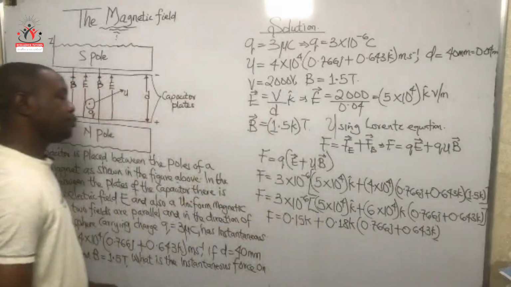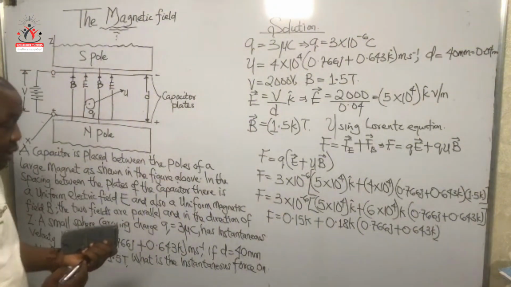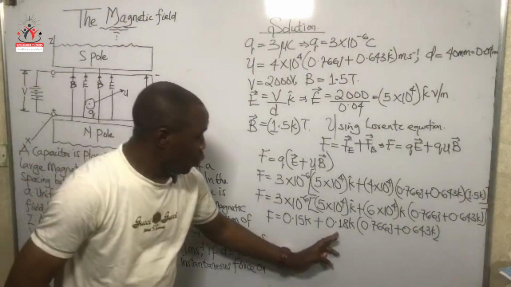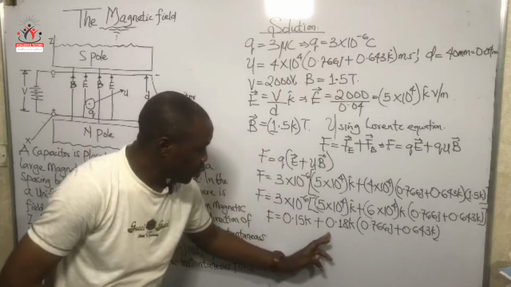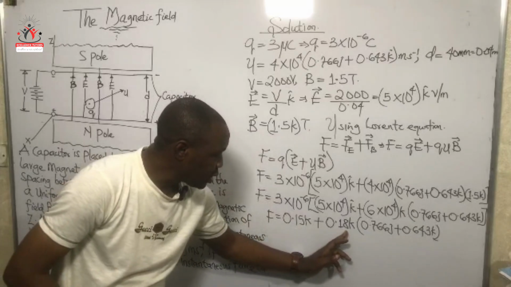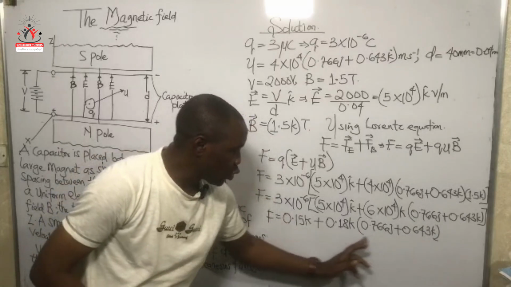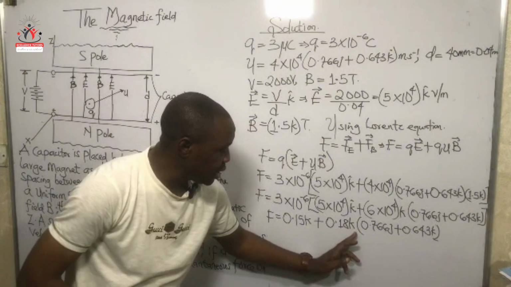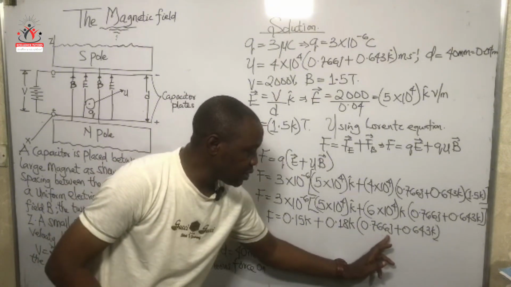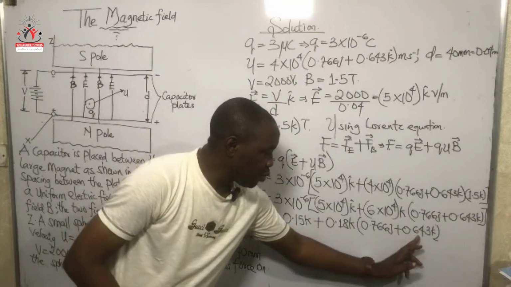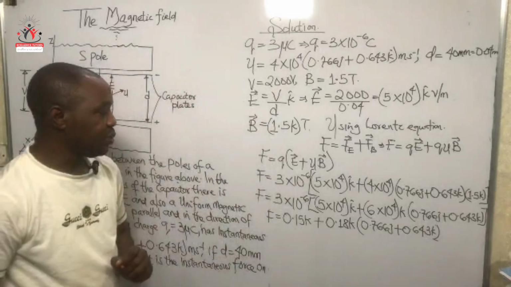In this case, we still need to expand this. That is, we need to distribute 0.18K into 0.766J plus 0.643K.